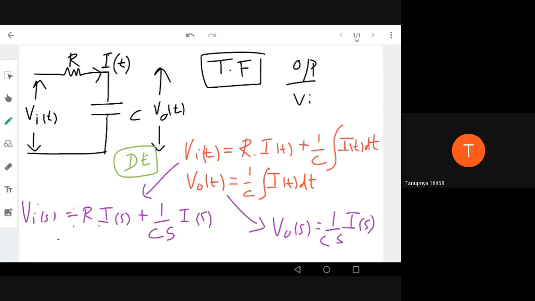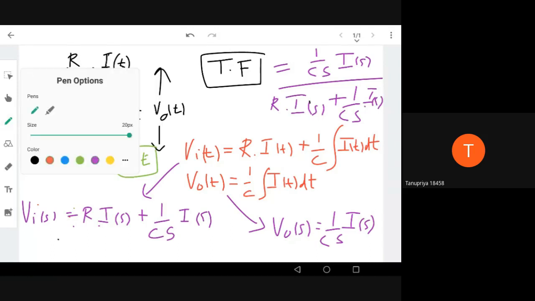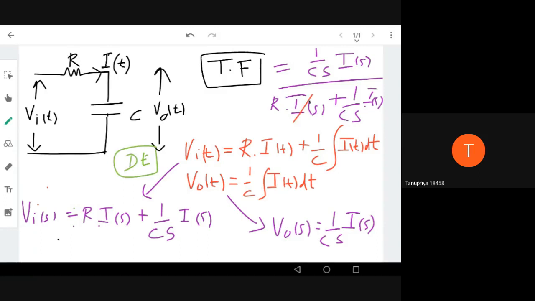Now we can write the transfer function, output by input. Output is 1 by Cs I(s), divided by R times I(s) plus 1 by Cs times I(s). I is common in the numerator and denominator, so it cancels.